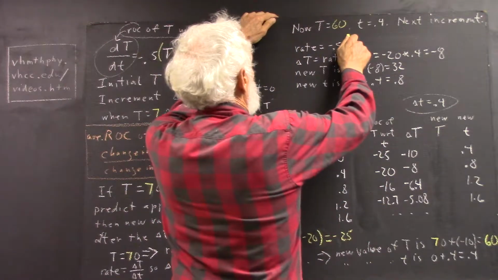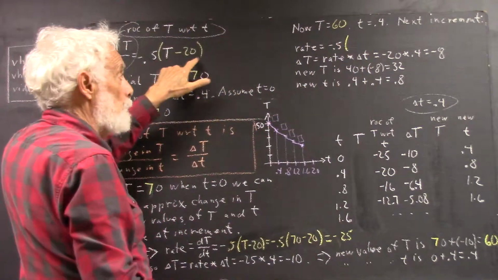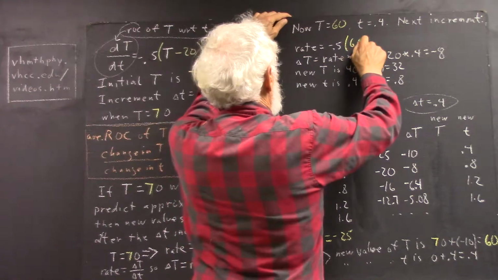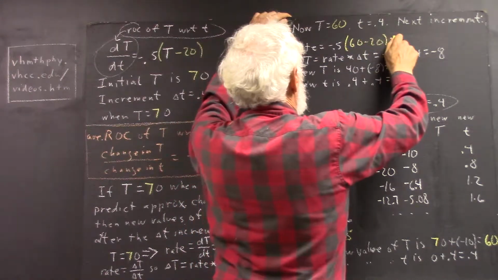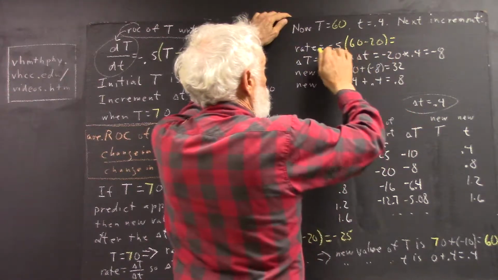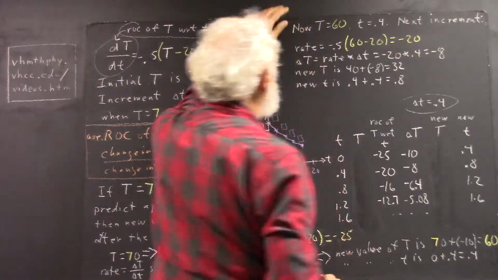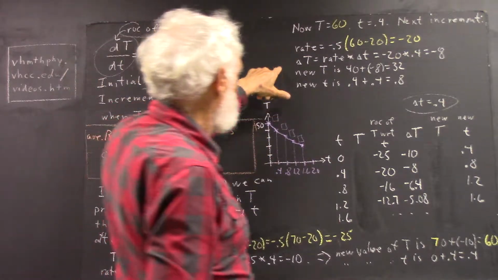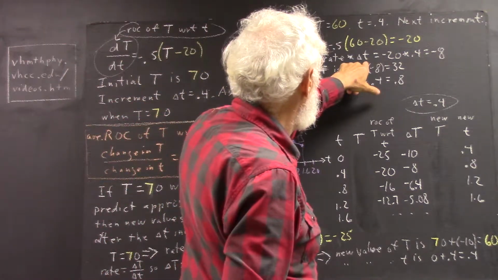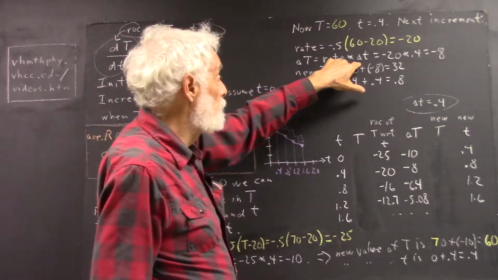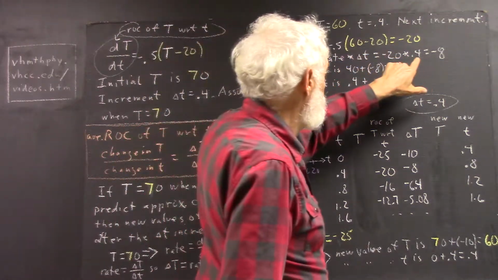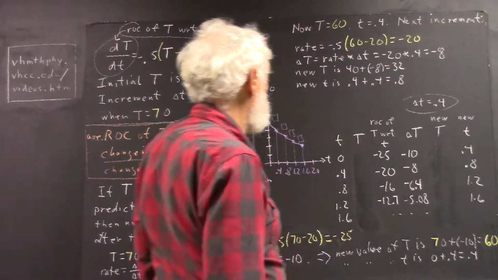The next increment, the rate is what? Negative 0.5 times T minus 20, so that would be 60 minus 20. And 60 minus 20 is 40, and negative 0.5 times 40 is negative 20. So delta big T is our rate times delta little t. That's going to be negative 20 times 0.4, or negative 8.